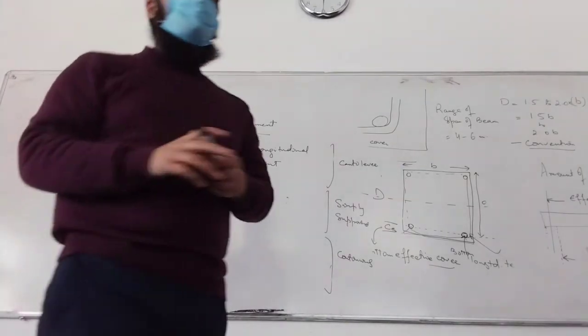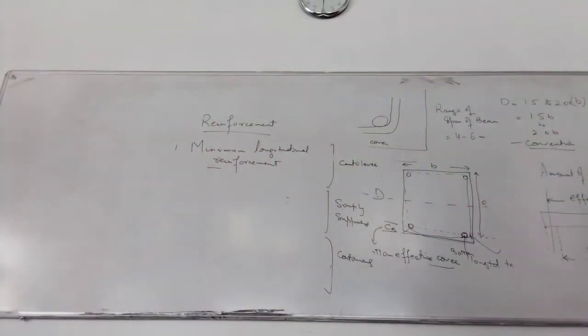What is the minimum longitudinal reinforcement that you provide? For that, you go to page number 46, page 26.5 clause at the bottom of it. Requirements of reinforcement for structural members.